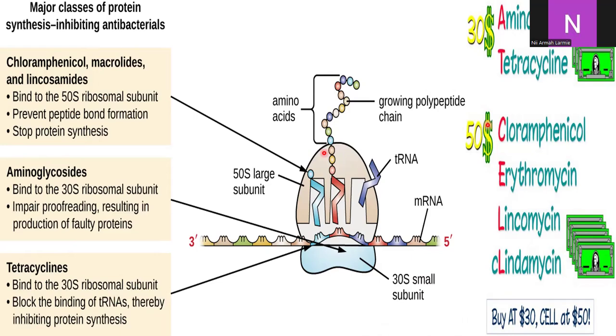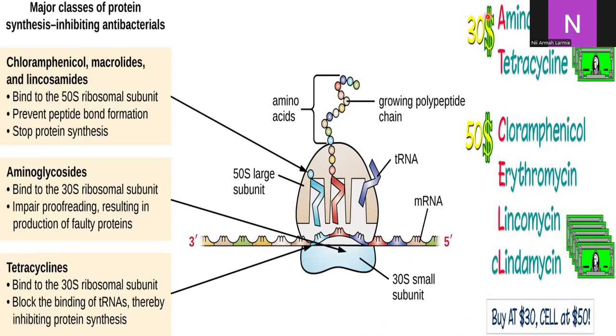A simple acronym by which we remember which examples belong to which group. Basically, when we remember 30S and 50S, 30S representing the 30S subunit, and 50S representing the 50S subunit, we simply say that you buy at 30 and you sell at 50.